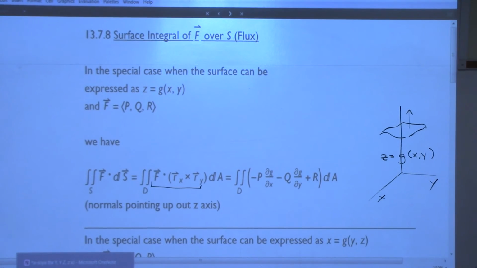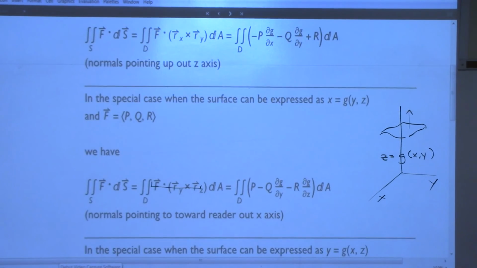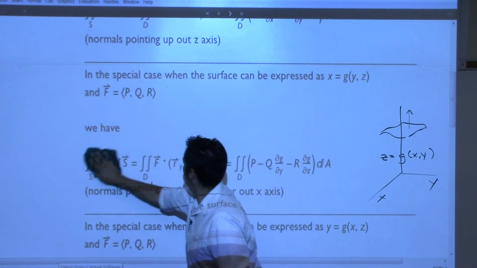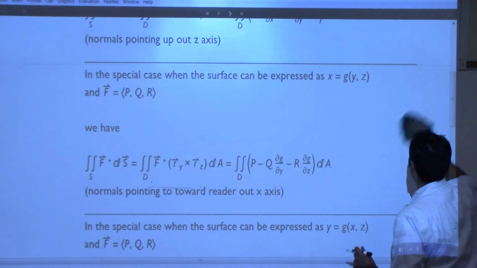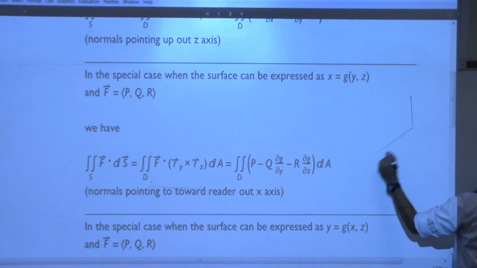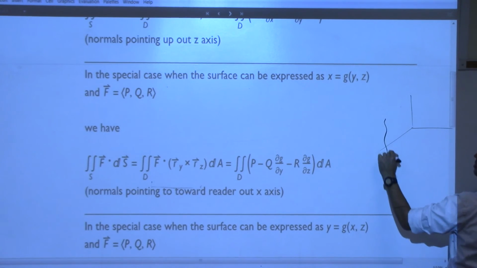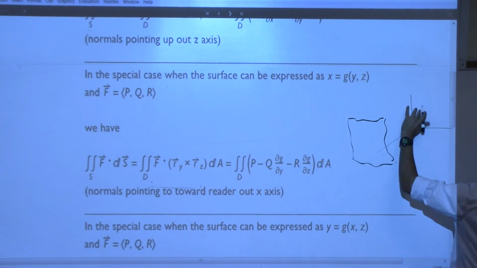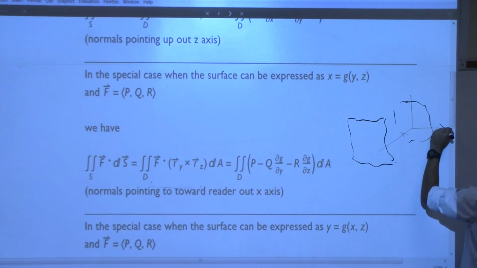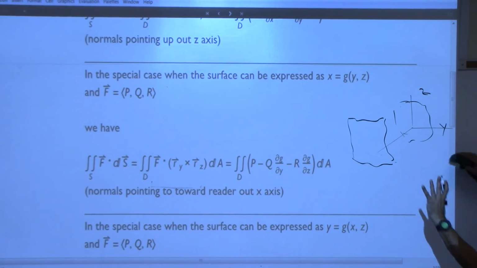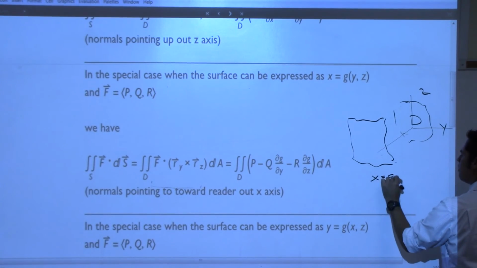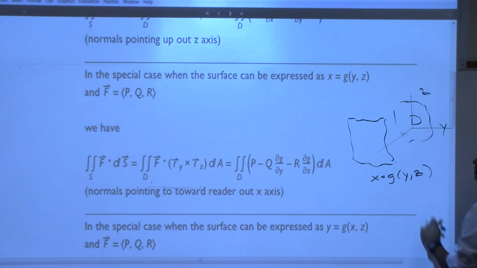All right? Now, if we have a special case where our surface can be written as a function of y and z, so this time your surface is out here like this, and your shadow is going to lie onto the yz plane. This is our domain on the ground. Then x is a function of y and z.